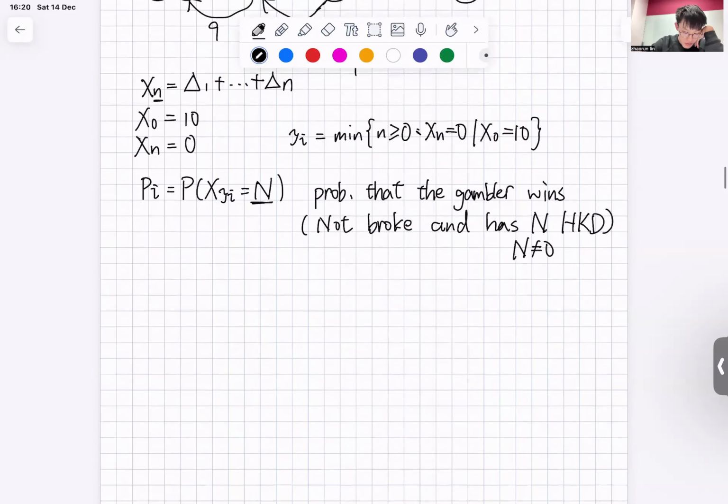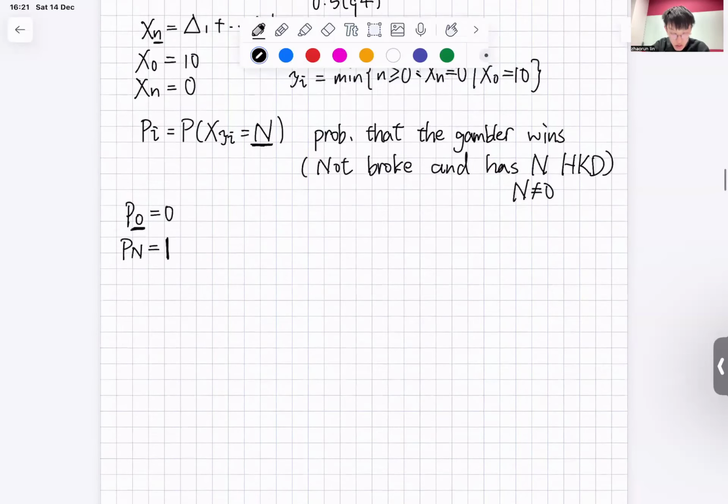So we see that P0 is 0 because the gambler starts with no money, already ruined. He's already broke at the start, and Pn equals 1. So he already has this much money at the start, so he wins, and the probability is 1.